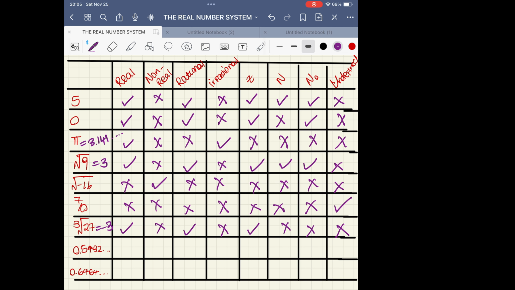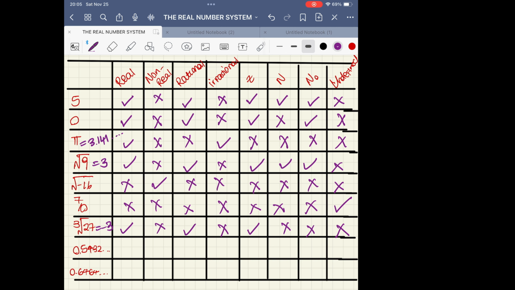And then we have a decimal number, 0.5432 and so on, with a pattern that is not repeating and a decimal that is not terminating.